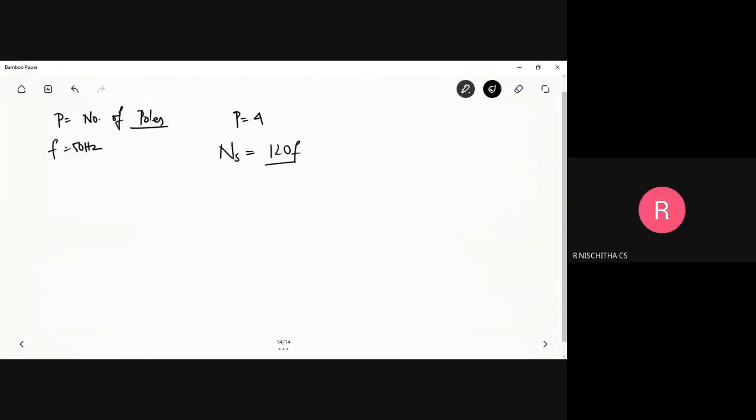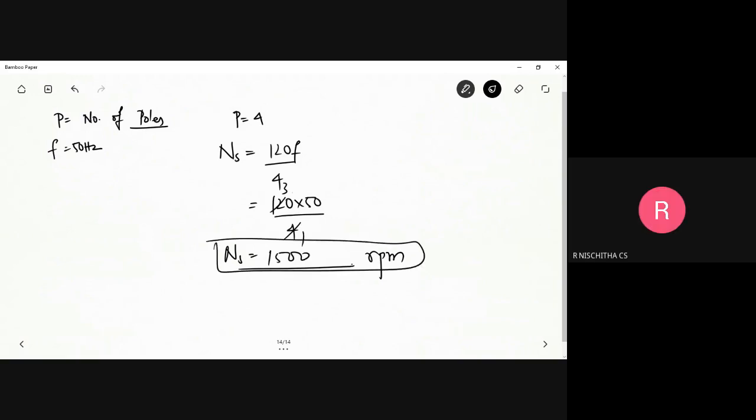So it is 120 into f divided by 4. What is the answer? Sorry, 1,500. Okay, it's 1500 rpm.